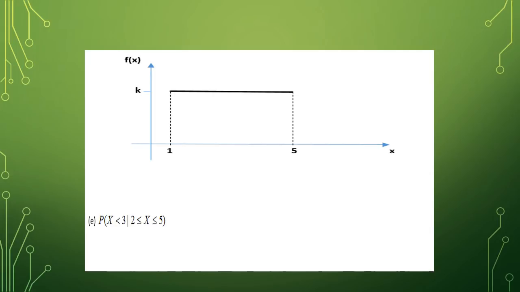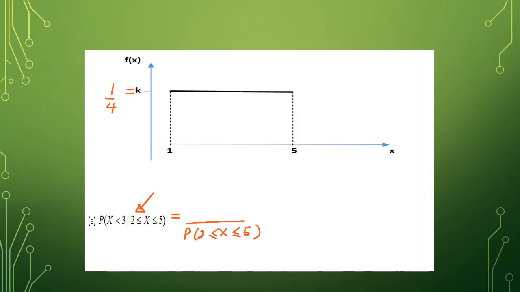Okay, let's continue with part E. You can see it is still the same graph as we have used earlier. k is actually 1 over 4. So now how do I solve this question? You can see the question is a conditional probability. Therefore, you have to find the probability of x between 2 to 5 first.